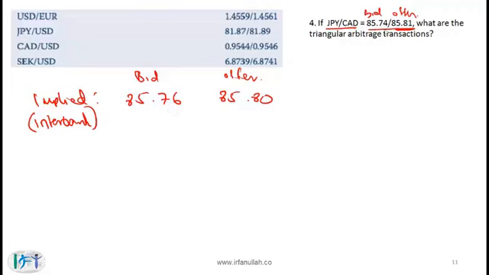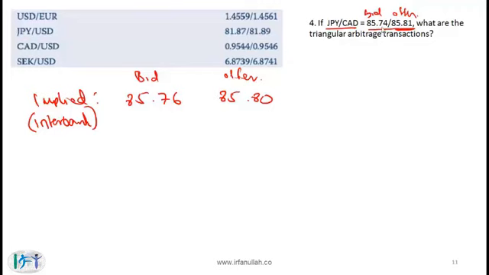In this situation, the dealer is giving you a bid quote of 85.74. This means that the dealer will buy from you at this. Dealer buying from you means you can sell to the dealer for 85.74.